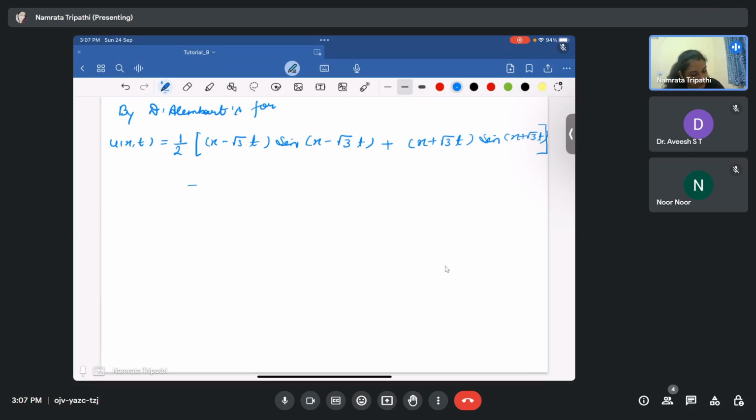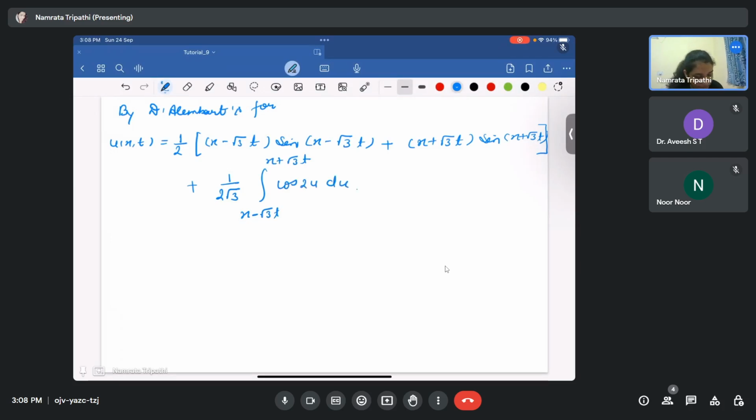What is g(x)? g(x) is cos 2x. Then 1 upon 2c, where c is root 3, and the limits are from x - ct to x + ct of g(s) ds, or you can take any variable u.